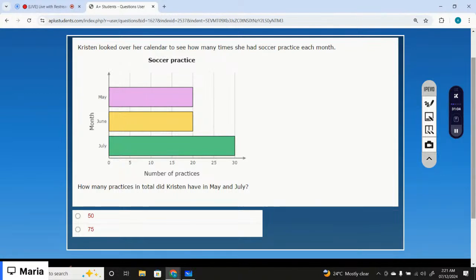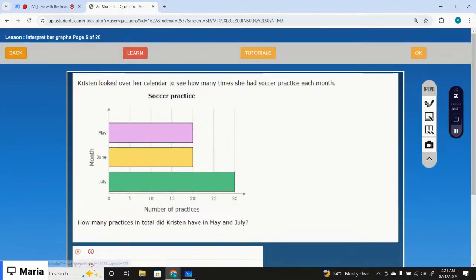That is 50, right? That's the one we did in the tutorial. Option number one is the correct option. Okay, let's move on to the next lesson.